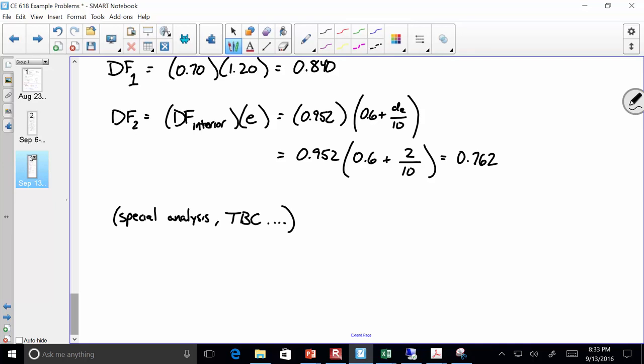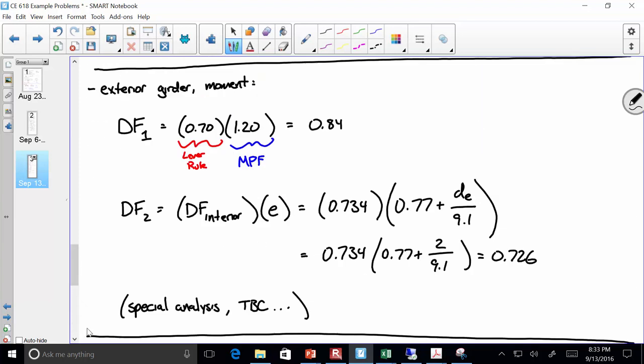Now all of these calcs, every single one of them, have been for the positive bending region. When we do the negative bending region, the only thing that changes is kg. Everything else is the same. So all that's going to affect are three values.